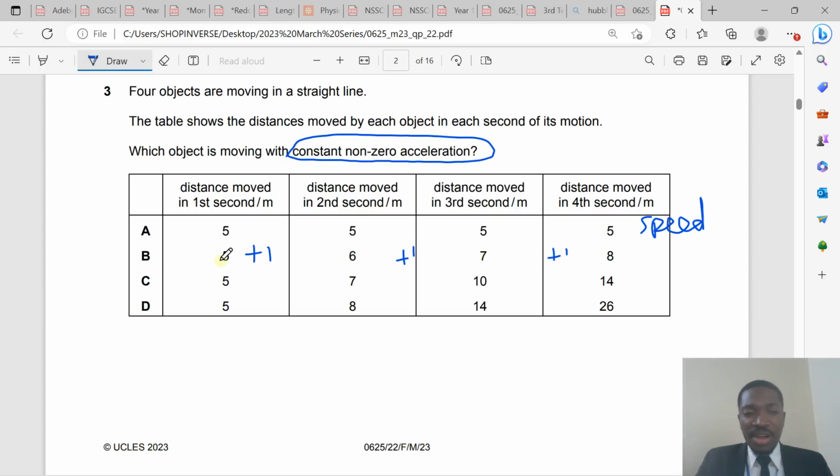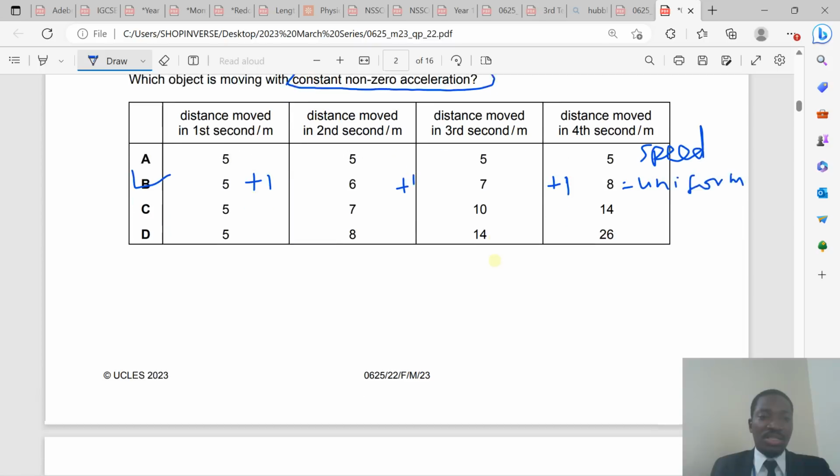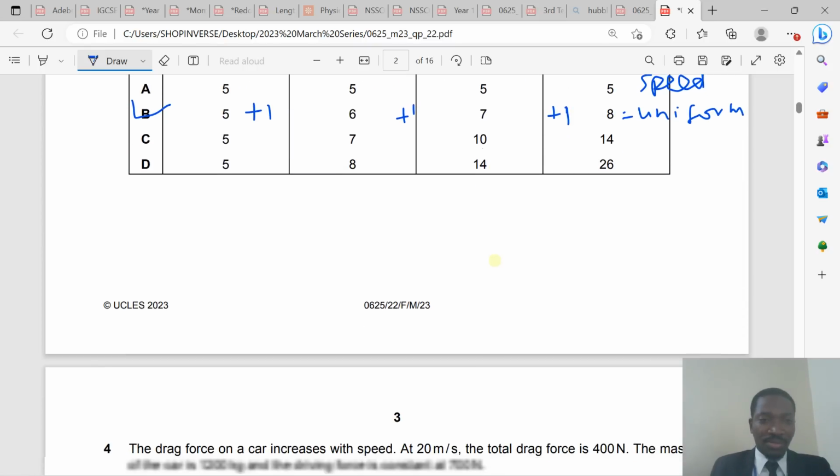The first second it covers 5 meters. The second it has covered 6 meters. The third second it covers 7 meters. So the fact that the distance keeps increasing by an equal amount shows that it has uniform acceleration, or you say constant non-zero acceleration. That means option B is the only option that correctly answers question 3.